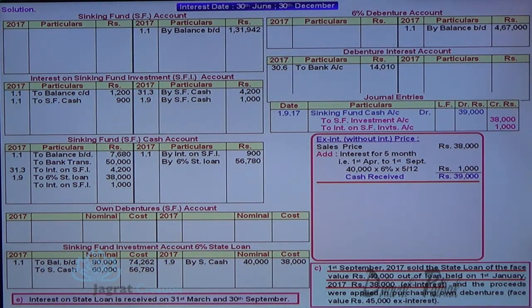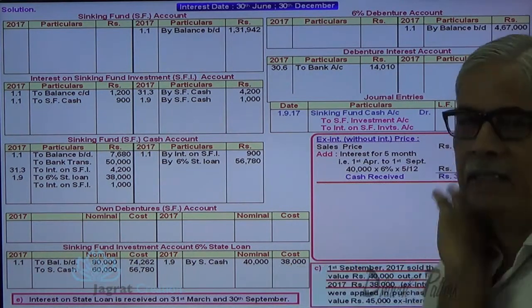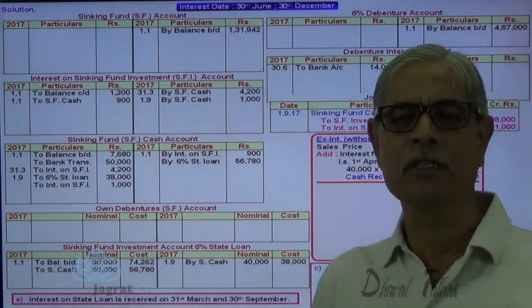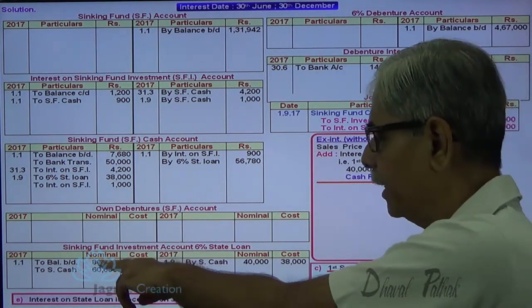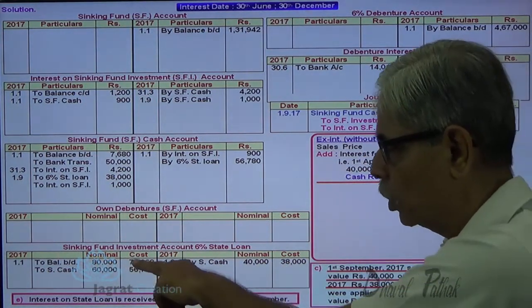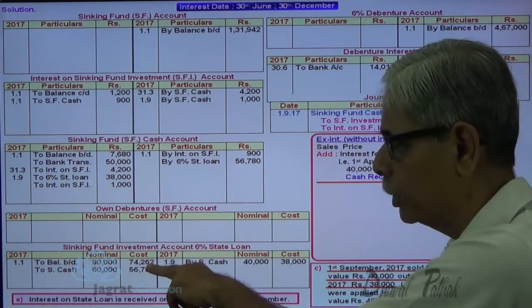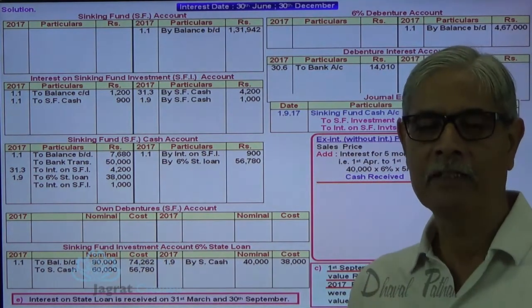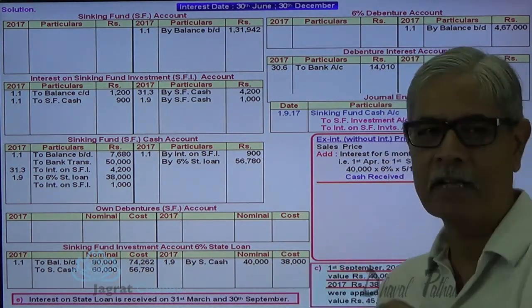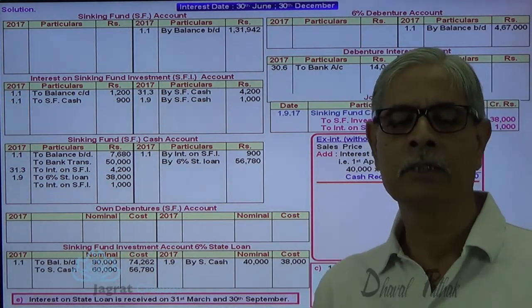Now, these securities are sold. For what price? 38,000. What is the profit on sale of this security? 80,000 and half, 40,000. So 74,262, half of it is the purchase price of this investment. So let me find out the profit on sale of investment.